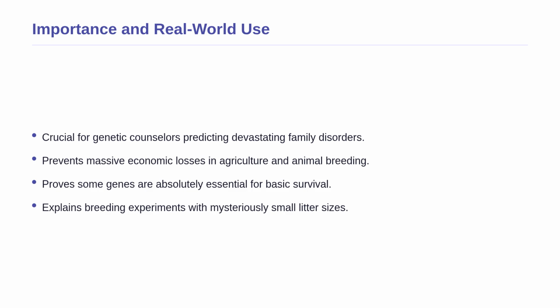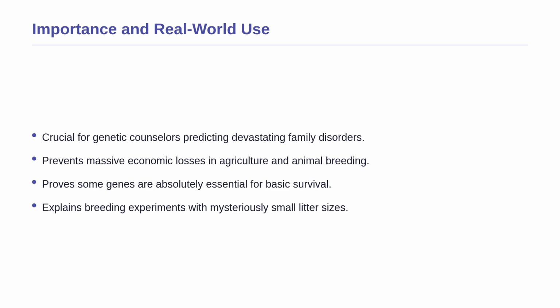You might wonder why we even study lethal alleles if the organisms just die anyway. Understanding lethal alleles is absolutely critical in both human medicine and agriculture. For genetic counselors, knowing about lethal alleles helps predict the likelihood of devastating genetic disorders in families, allowing parents to make informed medical decisions.